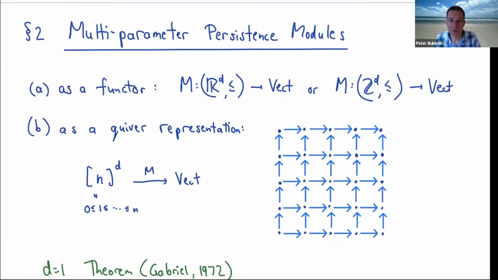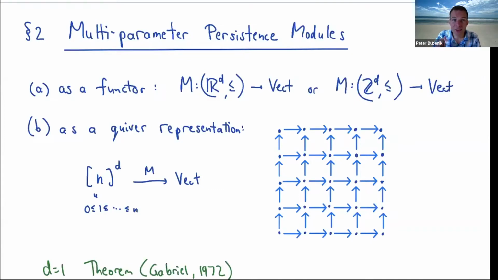From the continuous point of view, we have a functor from R^d into vector spaces. The discrete point of view is that we restrict to the integer lattice, and we have a functor on that into vector spaces. And the further restriction is we take a finite sublattice. So that's kind of the computational setting of multi-parameter persistence modules.